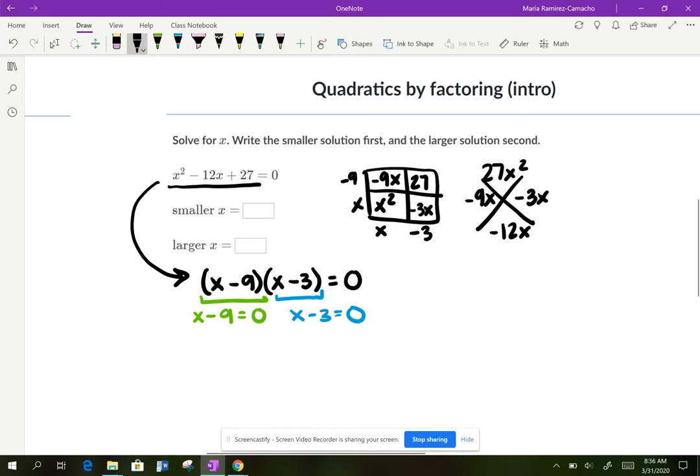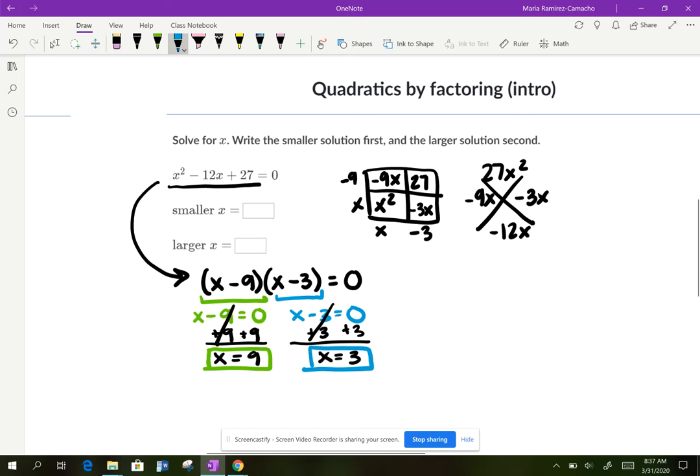Okay, so let's solve. X is equal to 9. And x is equal to 3.